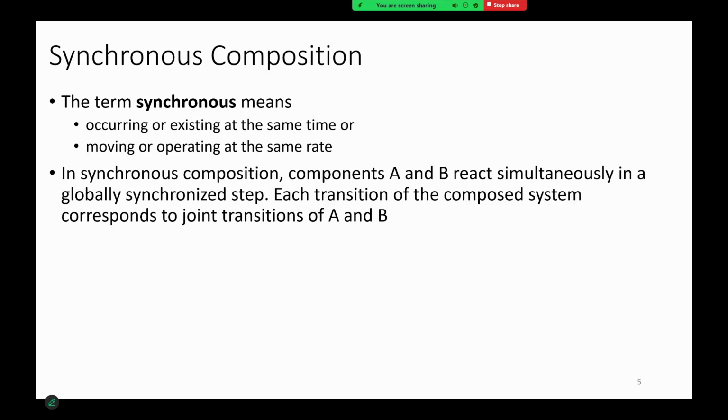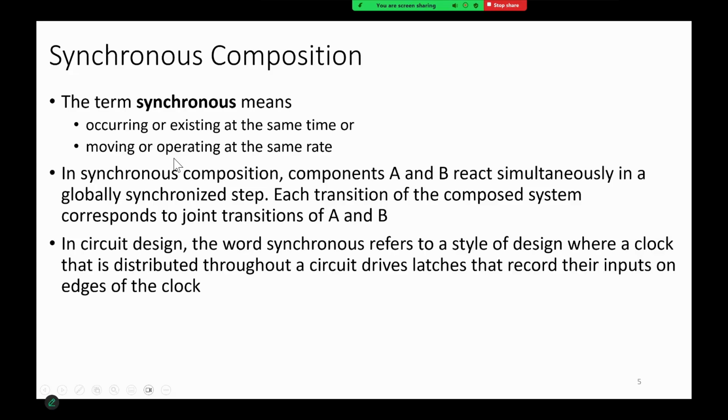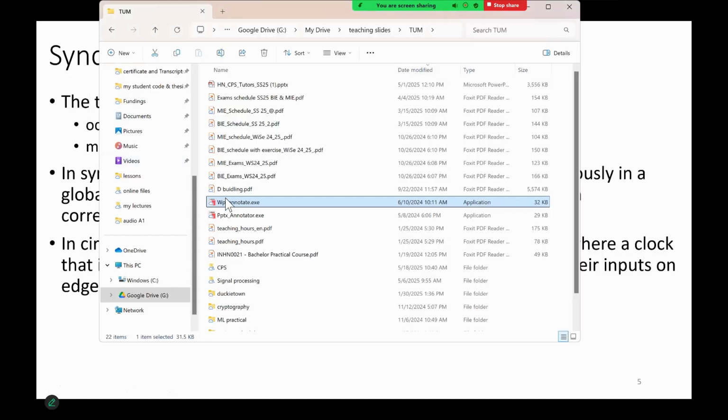Did you study latches and flip-flops? There is a clock that feeds the latches or the flip-flops, and at the same time, they move together. So this is the synchronous from its name. They exist at the same time, moving and operating at the same time.